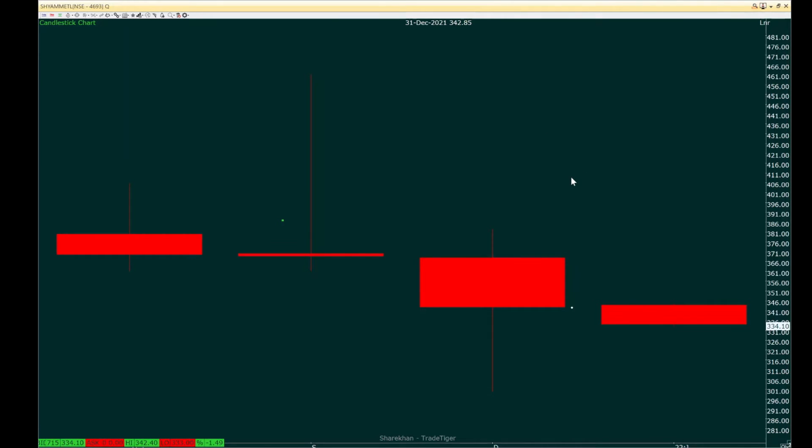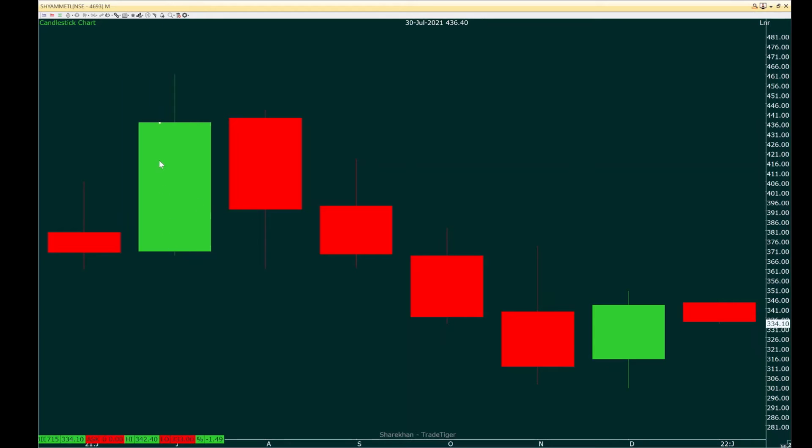Now coming to the monthly chart, this is where we see a more granular picture, where we see 1, 2, 3, 4 month candles which were down, and then there's a consolidation in 1 month, that is in the month of December. And in the month of January, we see a slightly downward movement. However, the price is still towards the consolidation level.